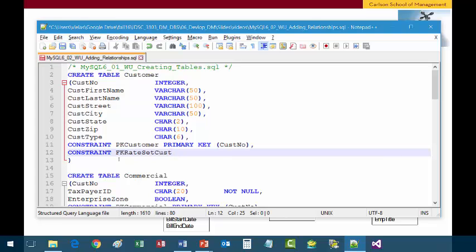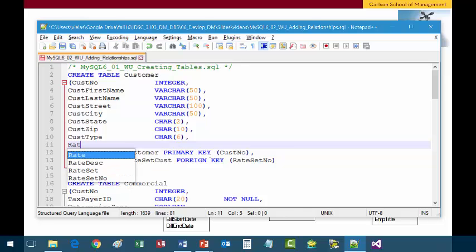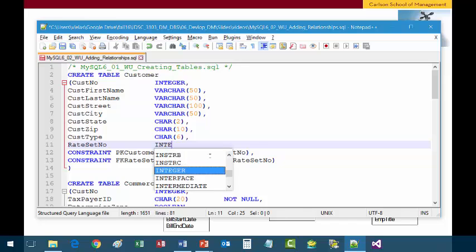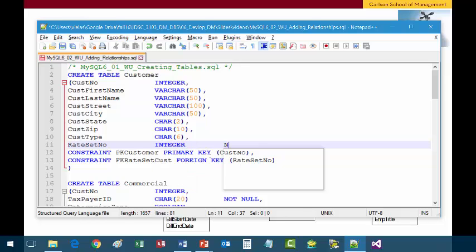So right now I have to combine both table names. FK rate set cost, foreign key, rate set number, which of course I have to add here, rate set number, integer. As I said, they're all integer and not null. I'm using these tabs indiscriminately.